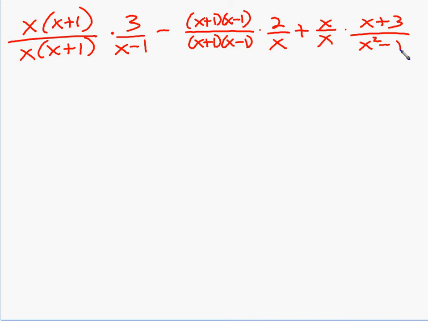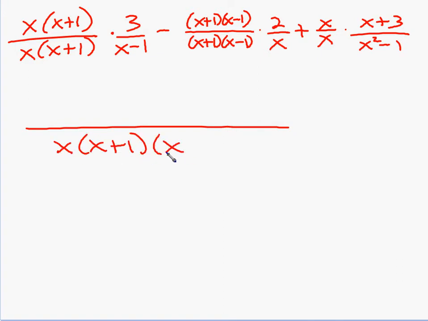Now, this problem is uglier, but from this point it will start to clean up a little bit. First, let's put my least common denominator down. My least common denominator is x times x plus 1 times x minus 1.